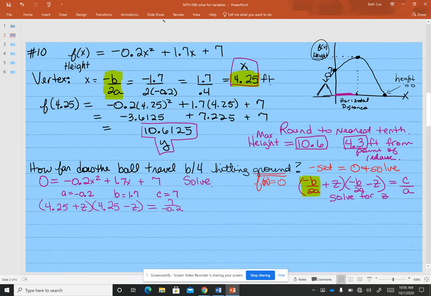All right, I'm going to multiply this out. I'm going to do a FOIL, and I'm going to get 18.0625, plus, that one minus, or actually minus and then plus, but that's okay, you get the picture. Those two are going to cancel out. Minus z squared is equal to negative 35.